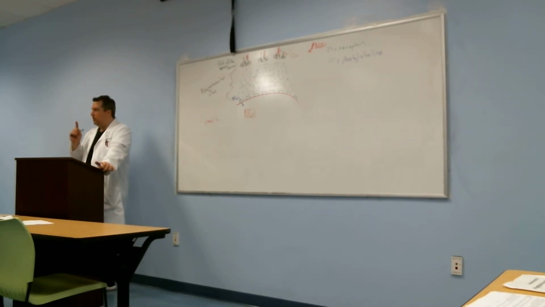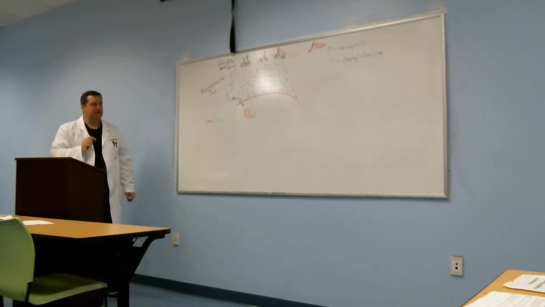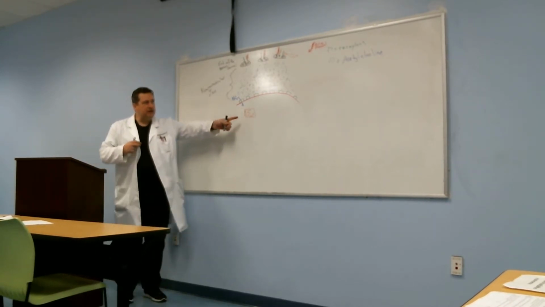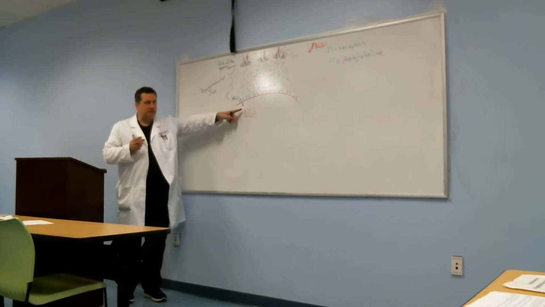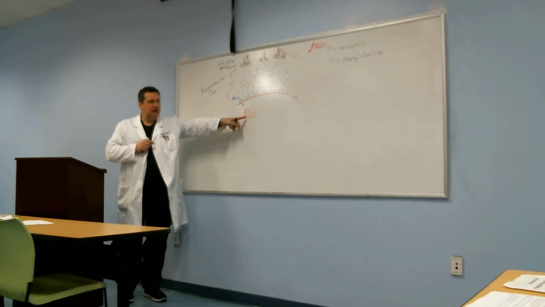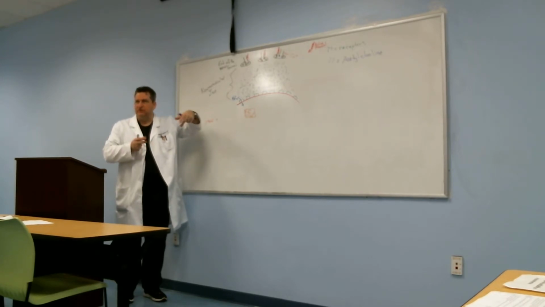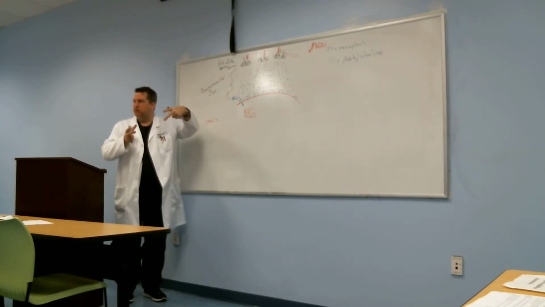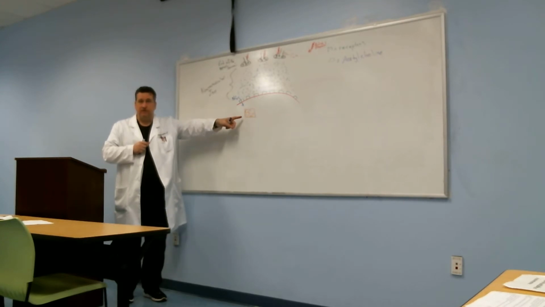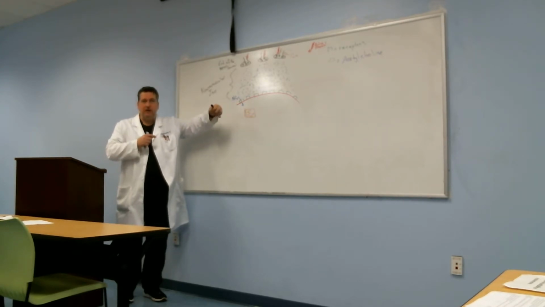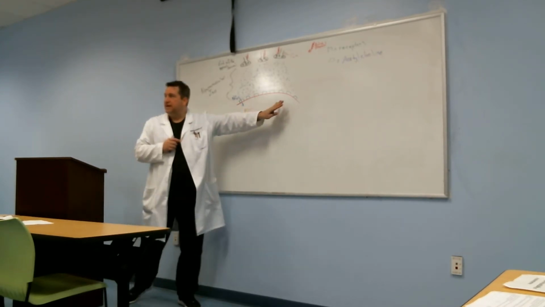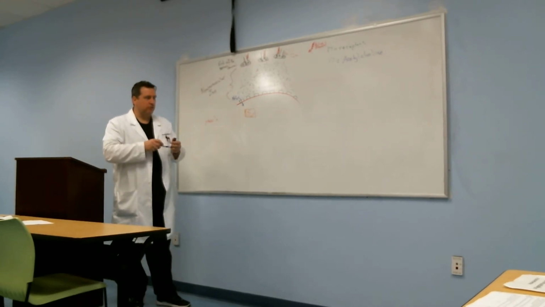And I told you, when the inside of the cell changes, something's going to happen. In this case, the sodium coming into the muscle cell, muscle fiber, same thing, is going to cause the release of this stored calcium within the muscle cell. So inside of the muscle cell, we have a trunk that is full of calcium. So when the sodium comes in, it's going to release the calcium within the muscle fiber.